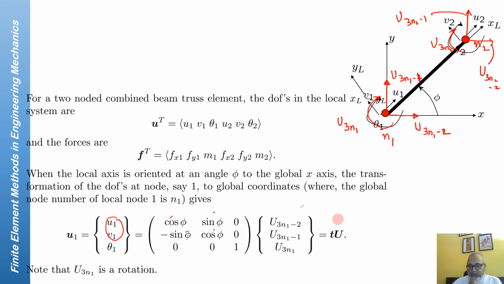The transformation matrix here is a 3 cross 3 transformation matrix we call T. This rotation was not there in the case of the truss, where you had only a 2 cross 2 transformation matrix. In this case, you get a 3 cross 3 one, and you have to do this for node number 1 as well as node number 2.